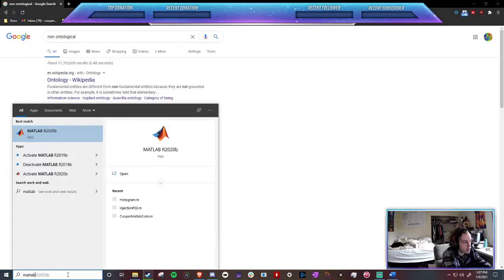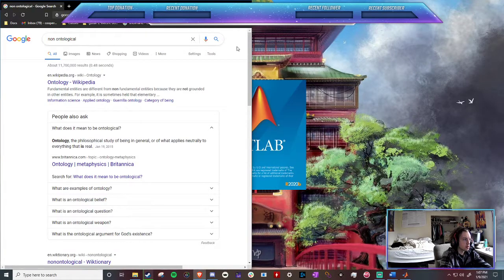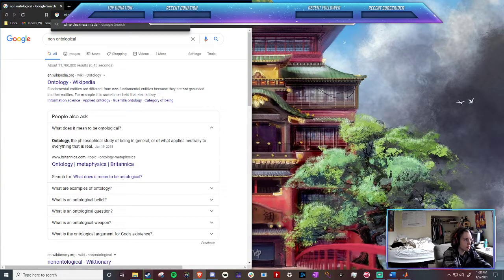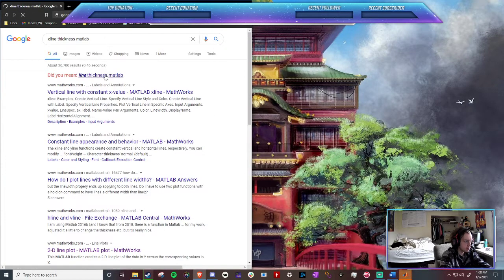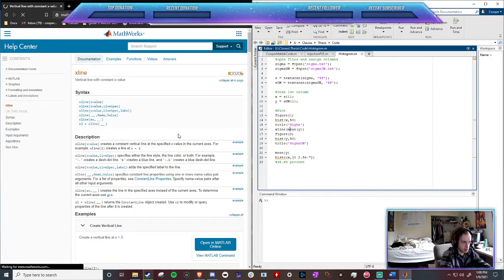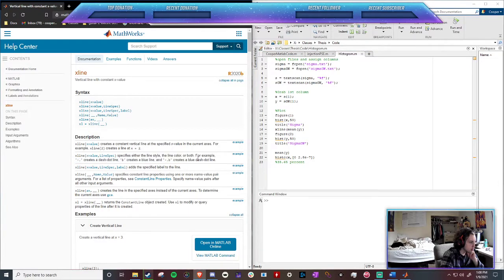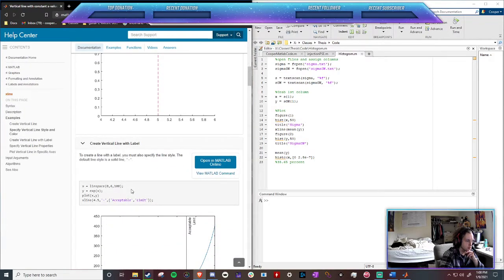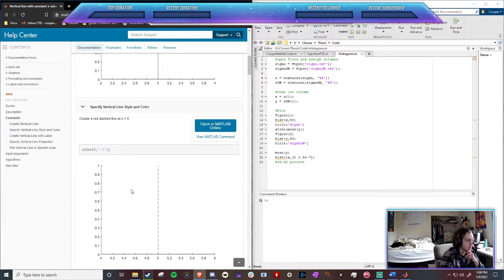I close my MATLAB. I want this X line to be thick. Yes, I would like more.